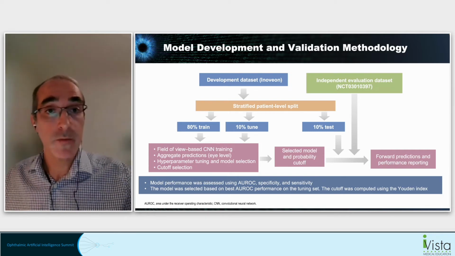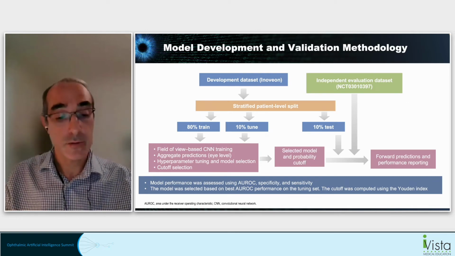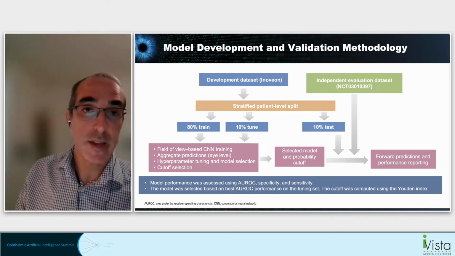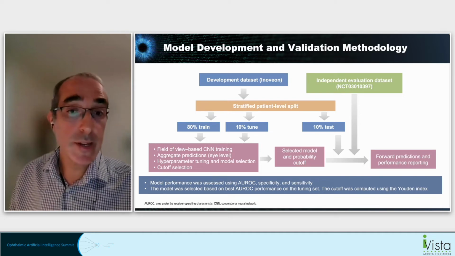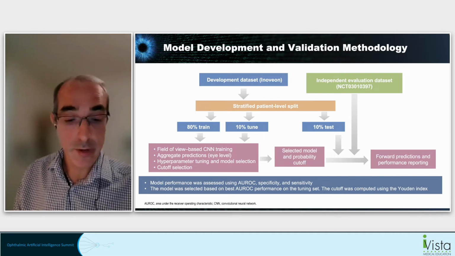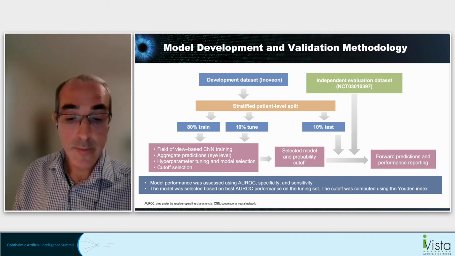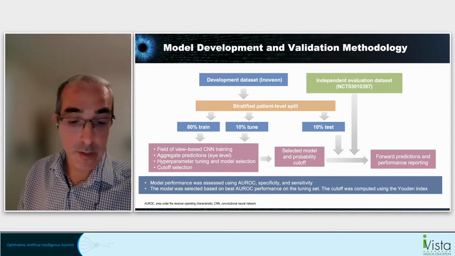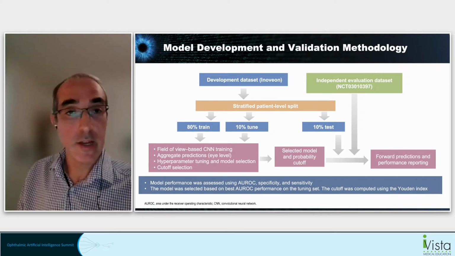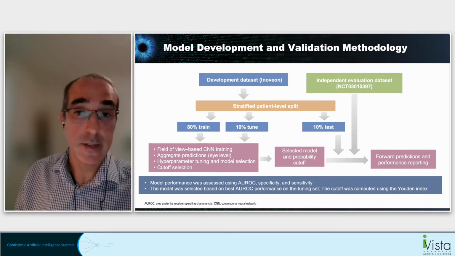We also optimized model hyperparameters, such as dropout rate, number of training epochs, and the like. We also used the tuning set to stabilize the operating point of our model, so as to have a systematic way of estimating the model performance on the test set and on the independent evaluation data set.